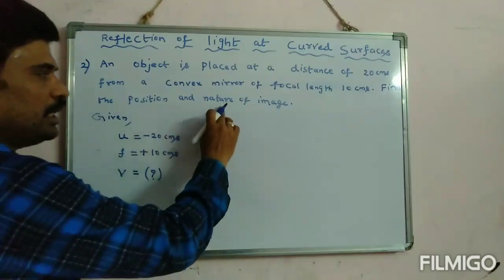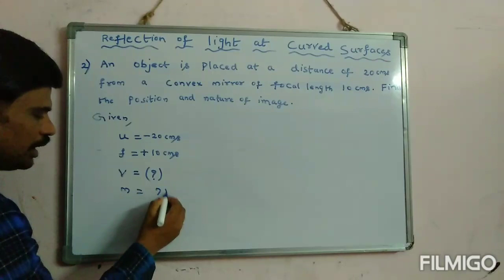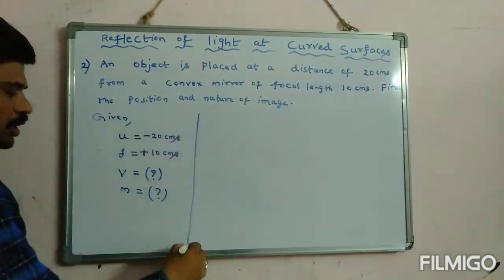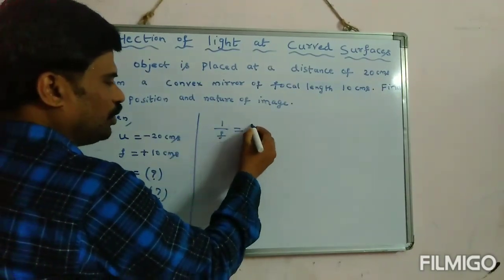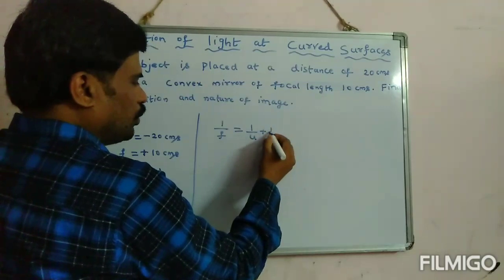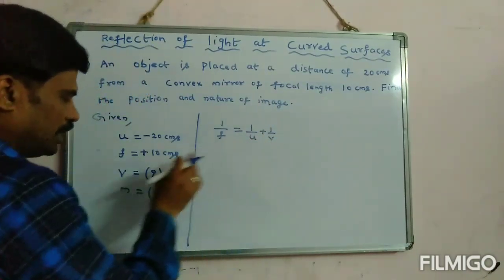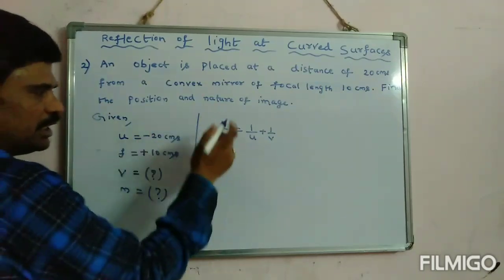Okay, to find the nature, I must find the magnification, M. To find V, I must use the mirror formula, which I said already: 1/f = 1/u + 1/v. From this, I want to find V. Let us substitute the values. The focal length is 10 centimeters.